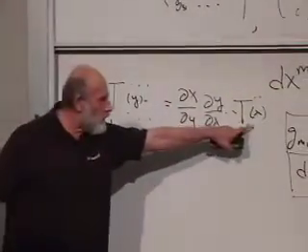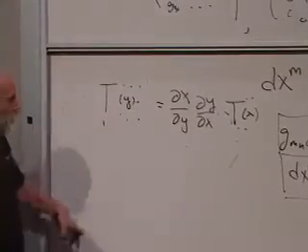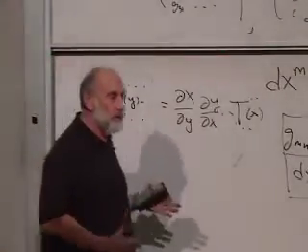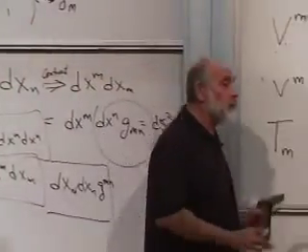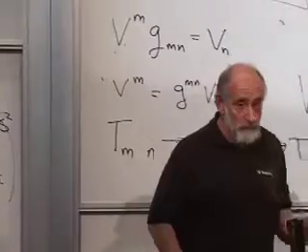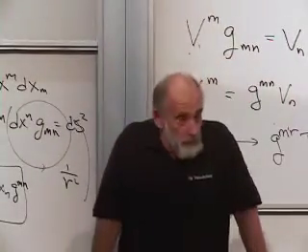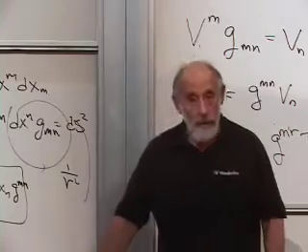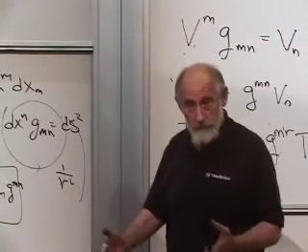If it's 0 on one side, it's 0 on the other side. So if the tensor being 0 means all of its components are 0, then it follows they are 0 in every coordinate system. So a tensor being 0 is an invariant statement about that tensor.